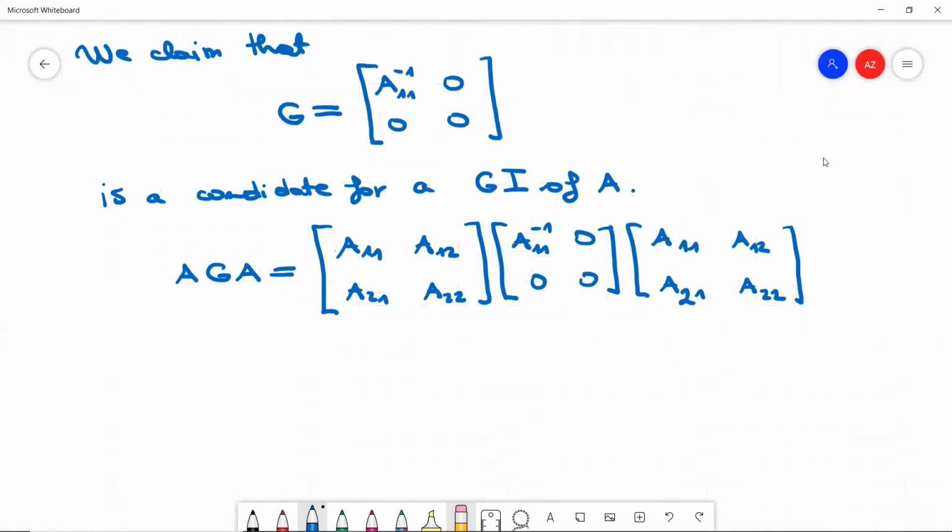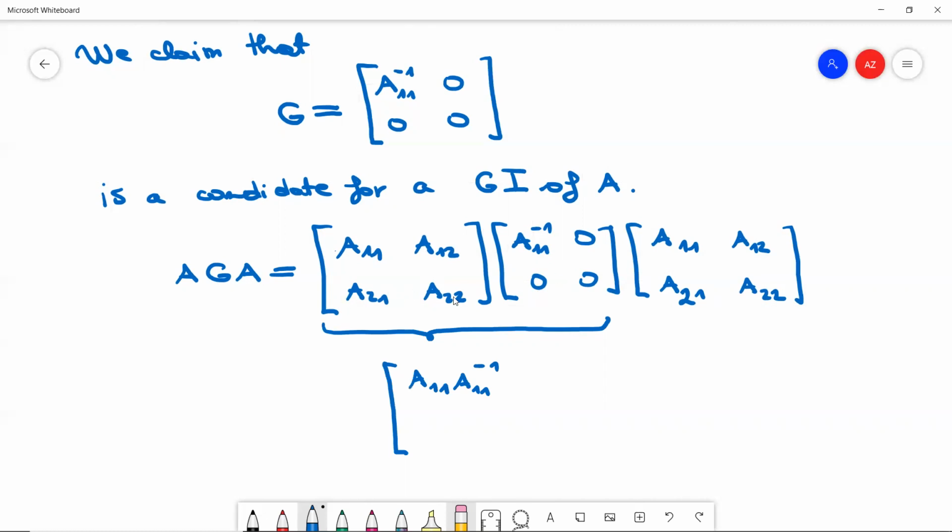Now we do this calculation in two steps. First, we multiply these two matrices, and what we get is a matrix. So A11, A12, this row is multiplied with this column. So we get just A11 A11 inverse plus A12 times 0, so it's 0.